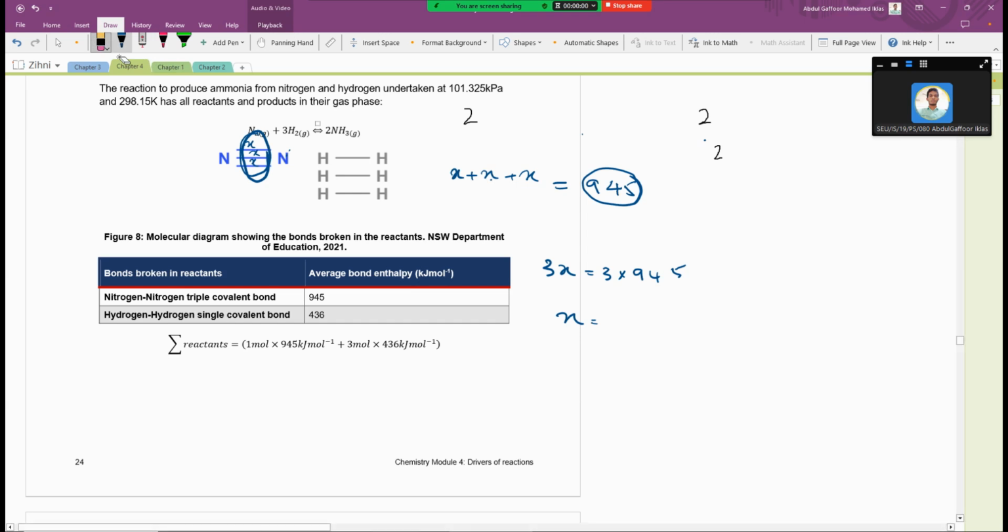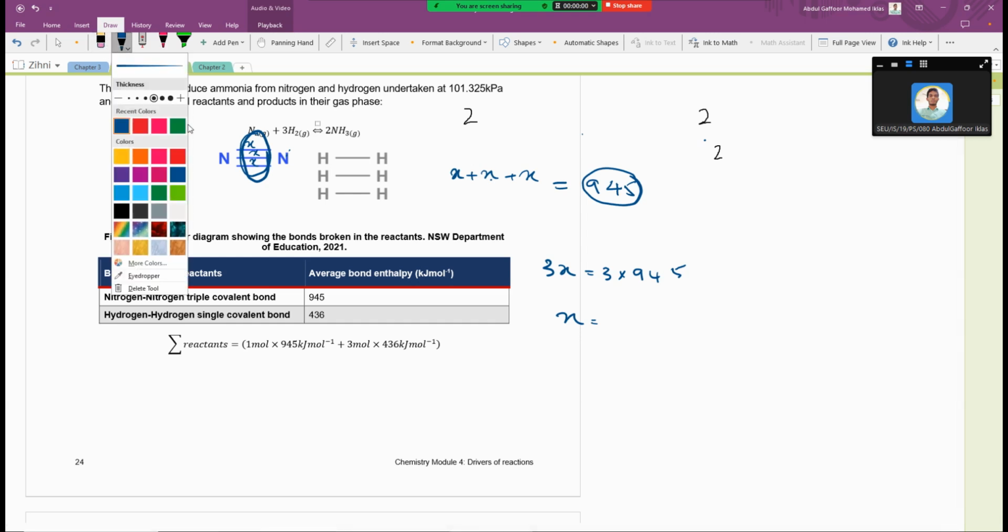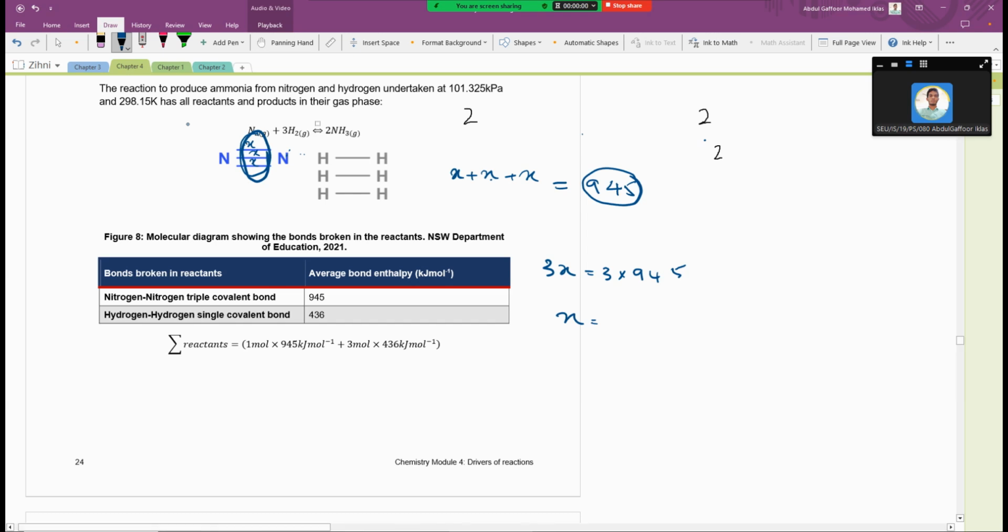Okay, so now you see, 3x. Let's say for breaking this bond we require x, for breaking this x, for breaking this x, but for breaking the entire 3 bonds we require 945. So x plus x plus x is equal to 945, so 3x is equal to 945.